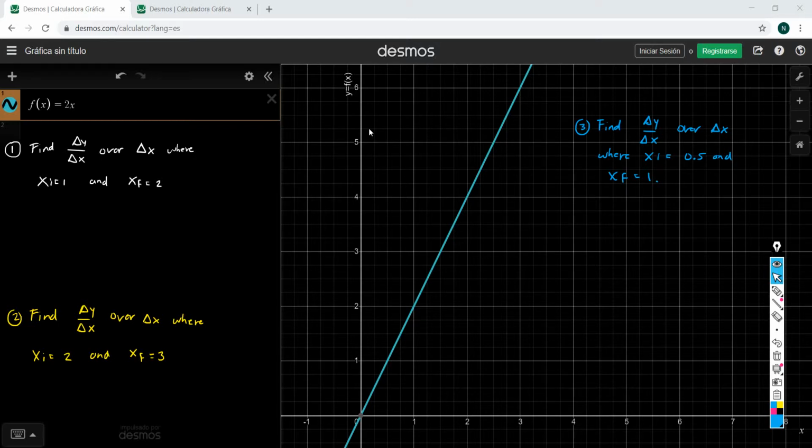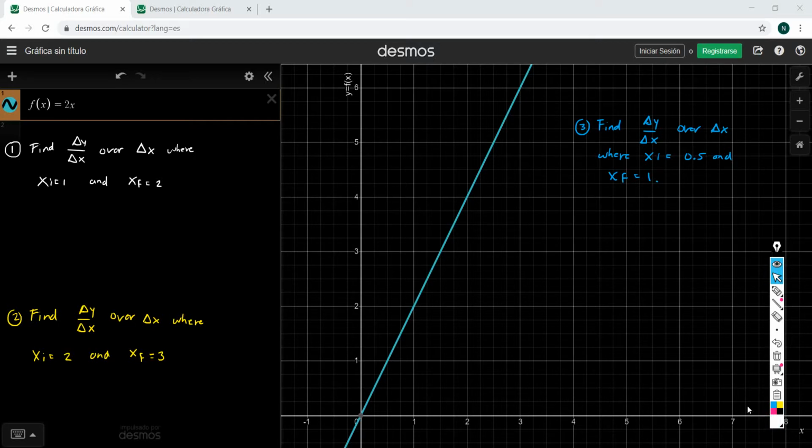You have to read this as the average rate of change of y with respect to x. So find the average rate of change of y with respect to x, or just the average rate of change, that is enough, over an interval delta x where the initial x is 1 and the final x is 2.